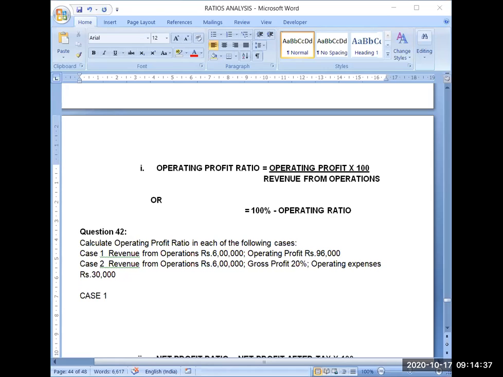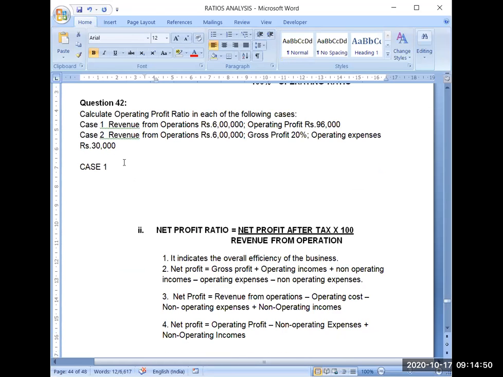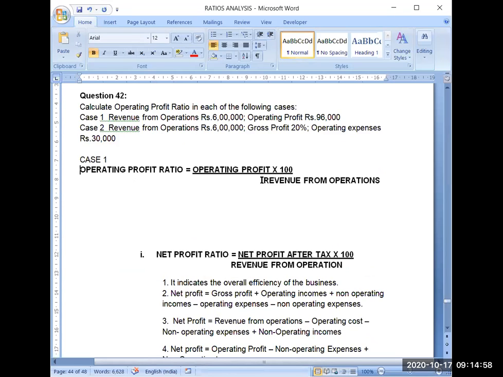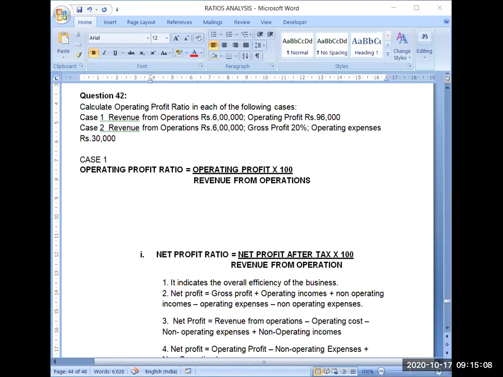Now both components of this formula are given. We can directly calculate operating profit ratio. First we will write the main formula. Operating profit upon revenue from operation multiplied by 100. Now I will put the values.